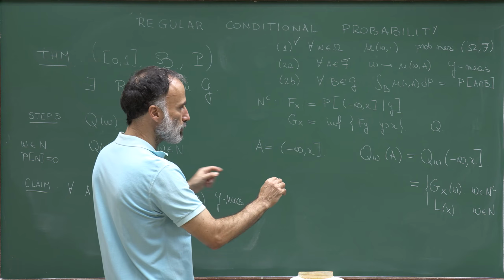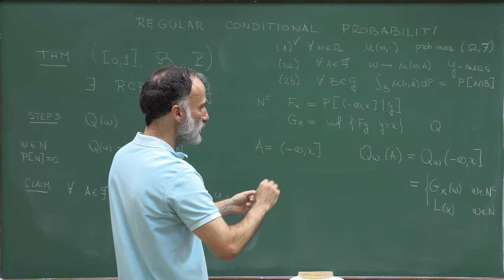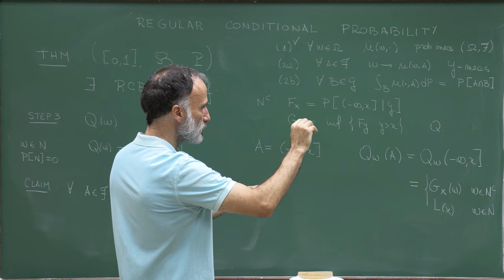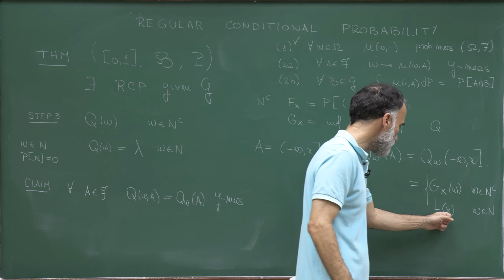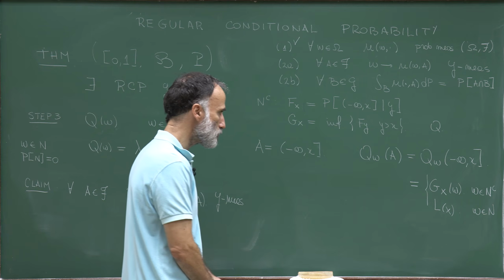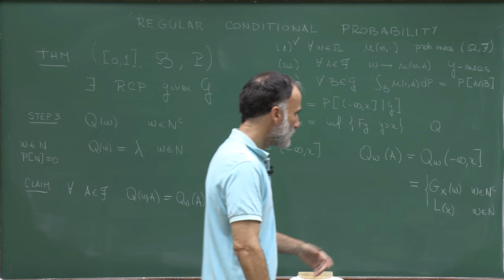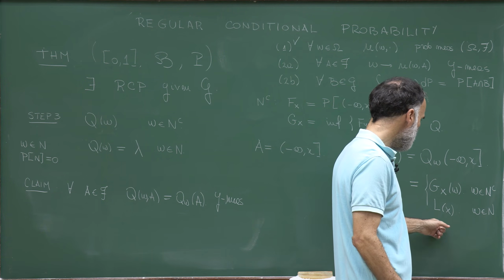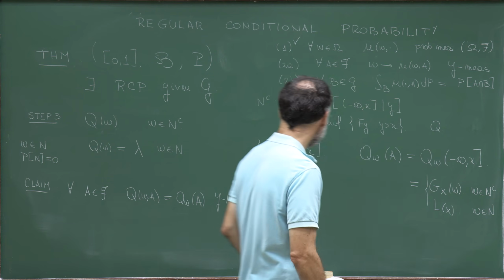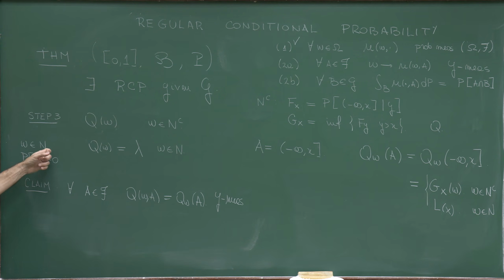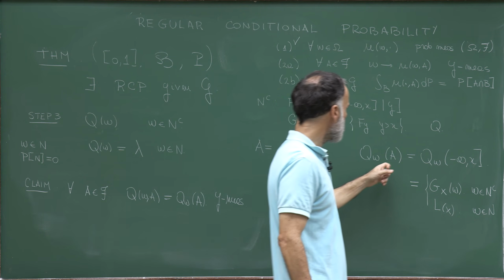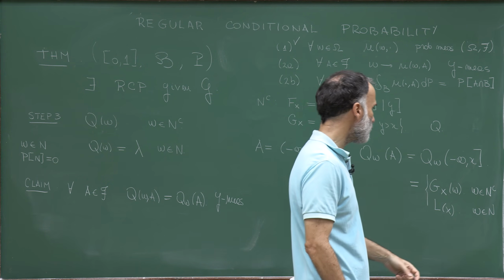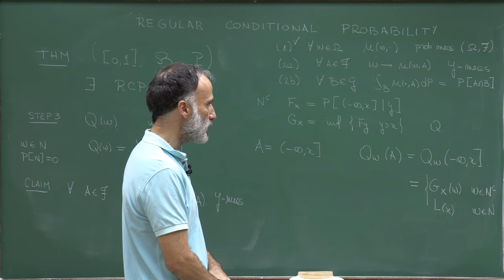So it's equal to 0 up to 0. Then it's constant equal to x up to 1, and then 1 from 1 to plus infinity. So this is the definition of Lx, the distribution function associated to the Lebesgue, to the uniform measure in 0, 1. And so as we defined for omega in n, Q as lambda, Q of this set will be L of x if omega is in n.